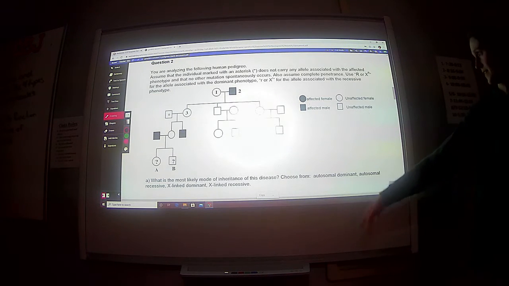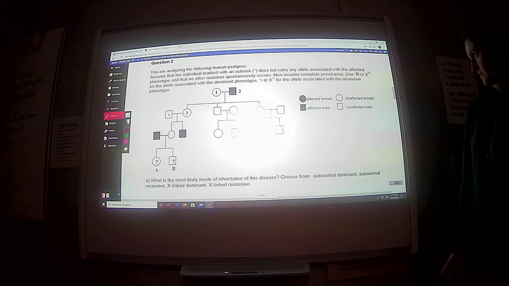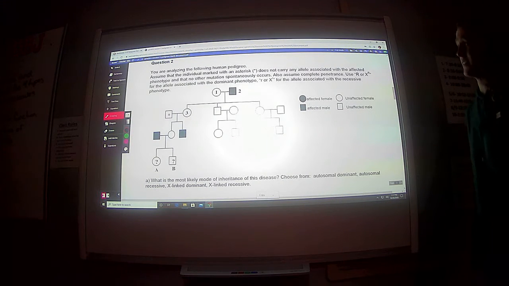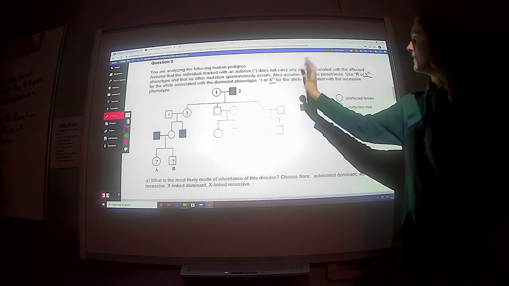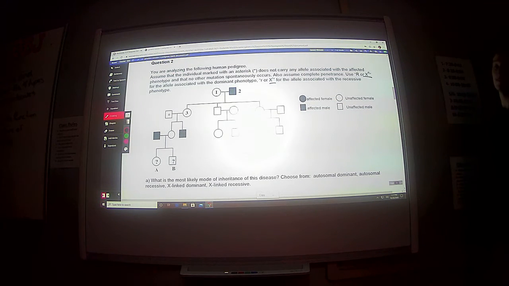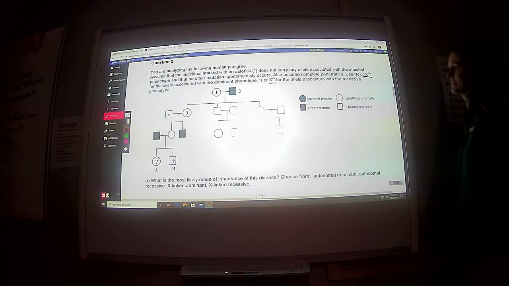So you have to decide if it's autosomal, sex-linked, dominant, or recessive here. And I'll give you a big hint here since they're telling you that, this X or X^R, and it's all guys that are affected here, it's going to be X-linked for certain.